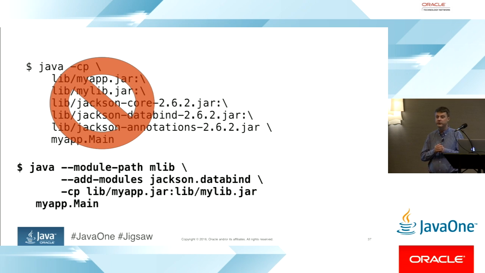This is one of the complications when you're trying to mix the class path and the module path together. There's nothing on the class path to tell you what the dependencies are. So that is the command line that I've ended up with, modules on the module path and my application on the class path. Questions at the end?